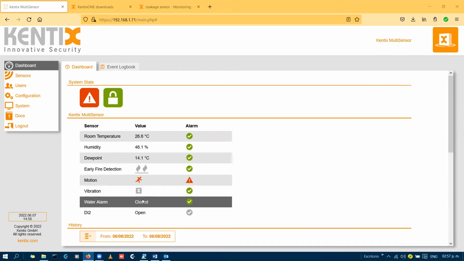So now we are going to go to the water alarm. You can see it here, it is green. We have 2 ways to detect that we have any water: through the sensor itself, and second, through the rope. We will go and see the sensor itself.